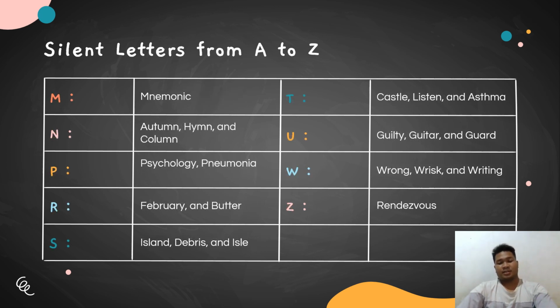And here is the example of the last words from M, N, P, R, S, T, U, W, and Z. So you can see it by yourself and you can correctly spell it by yourself.